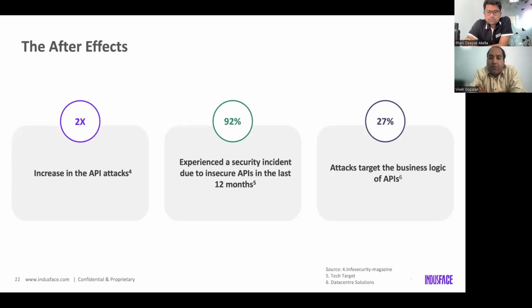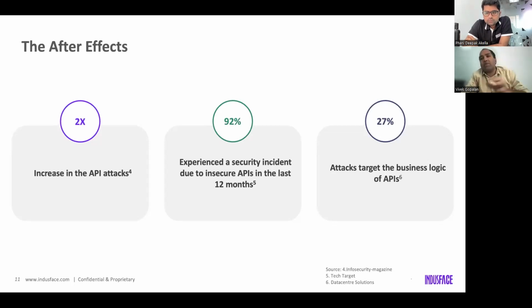There has been more than a 100% increase in API attacks in the last year. 92% of organizations have seen some form of security incident because of these APIs. And more and more, what is also happening is that we are seeing exploits of business logic in APIs. This is more possible because of the newer technologies that are available.